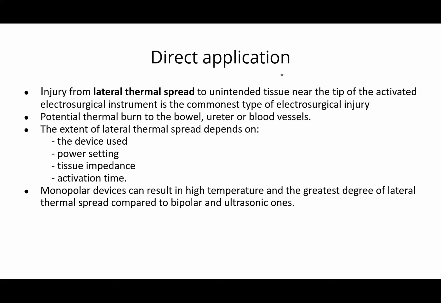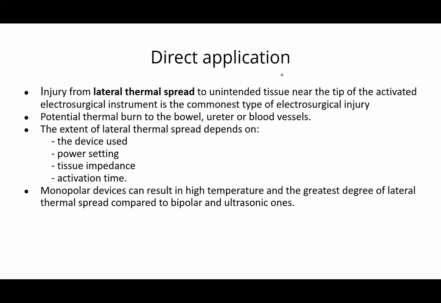Now, direct application. Injury from lateral thermal spread to unintended tissue near the tip of the activated electrosurgical instrument is the commonest type of electrosurgical injury. Potential thermal burns to the bowel, ureter, or blood vessels.